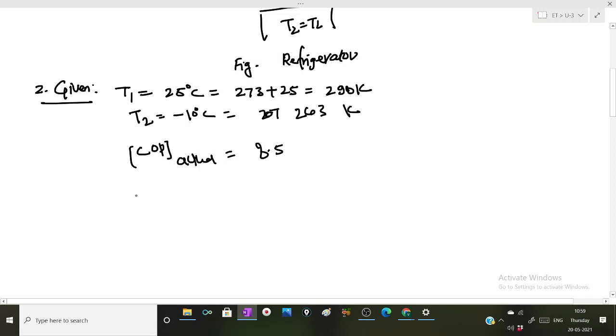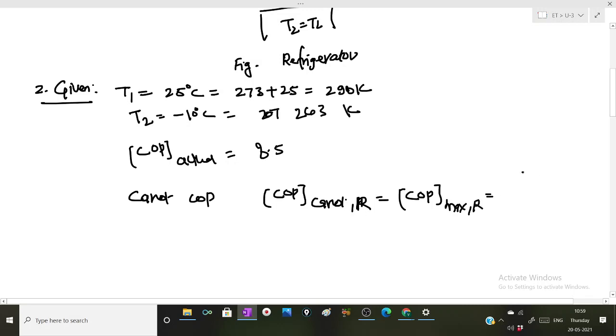Okay. So what will be the Carnot COP, or what will be the maximum COP of this refrigerating unit operating between source temperature and sink temperature at 25 degrees Celsius and minus 10 degrees Celsius?